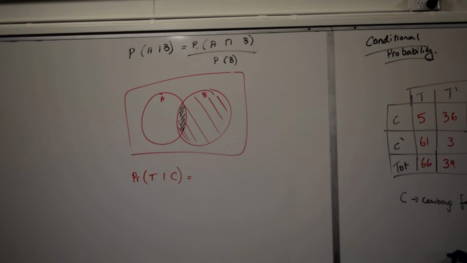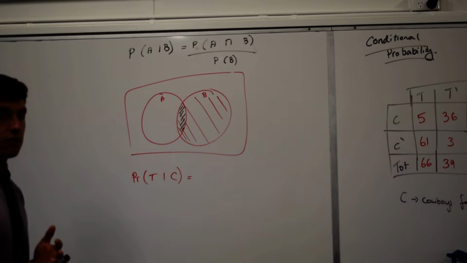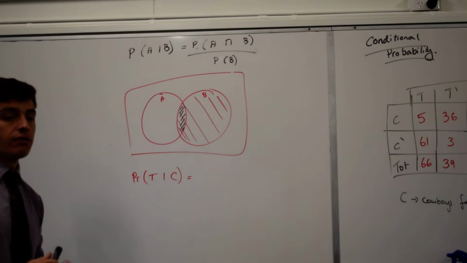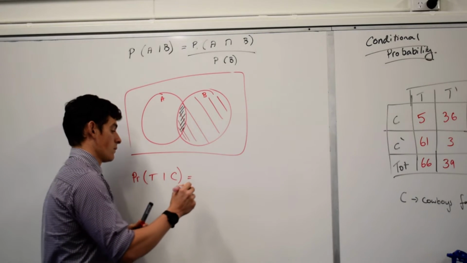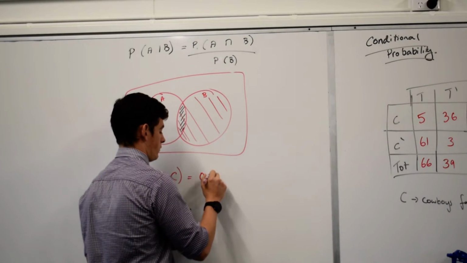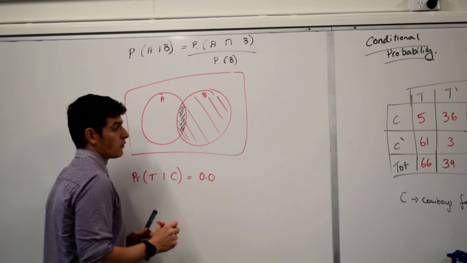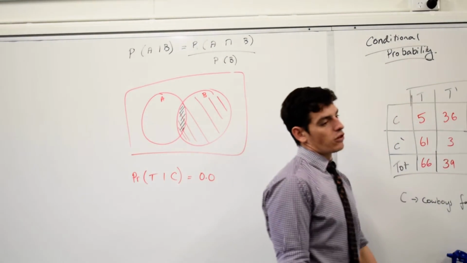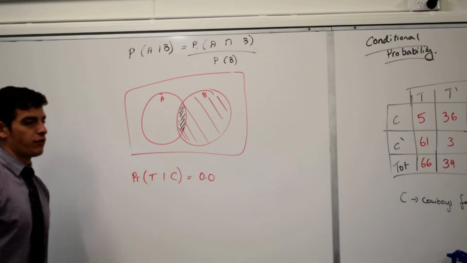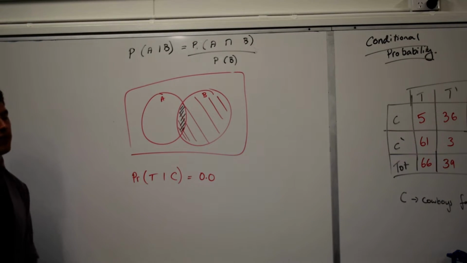What did we get? Did we get that answer or not? What is 5 over 41? No, by 105. Is it 105? Yeah, you divide by 105. Okay. What's 5 divided by 105?